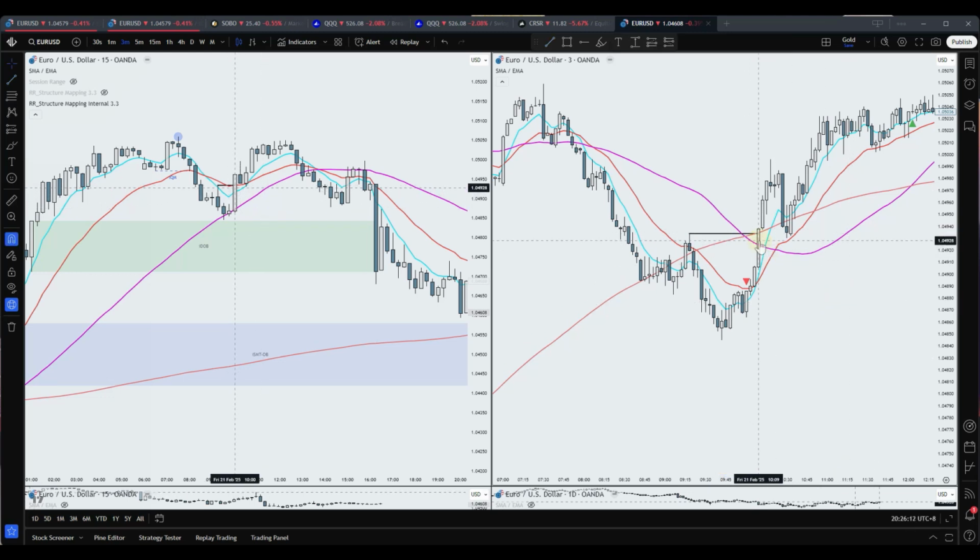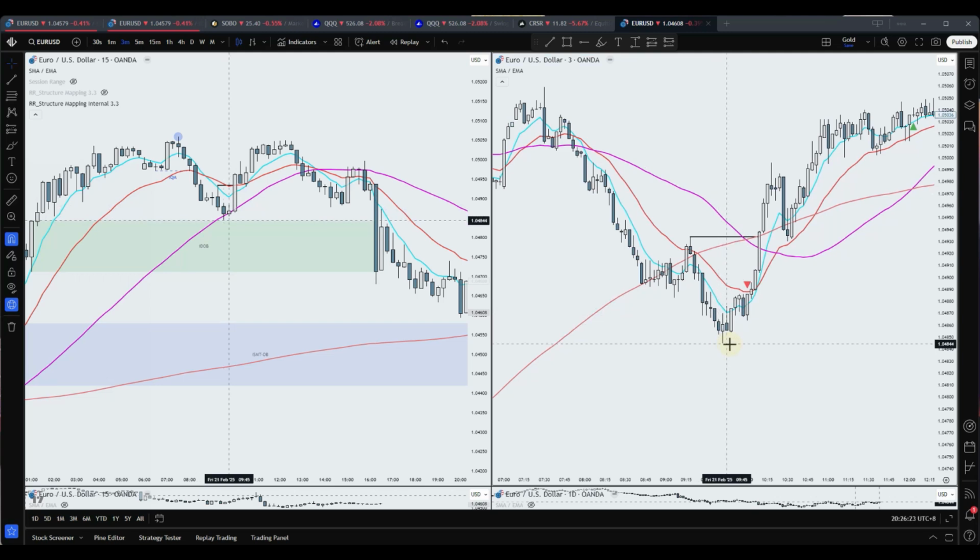It took this high. So when it took this high, now you can say that this leg down failed to make a new lower low. Rather, it made a new high. Now this is the market structure shift.